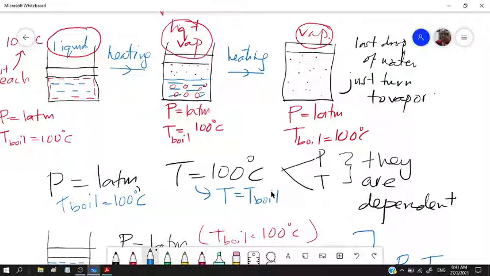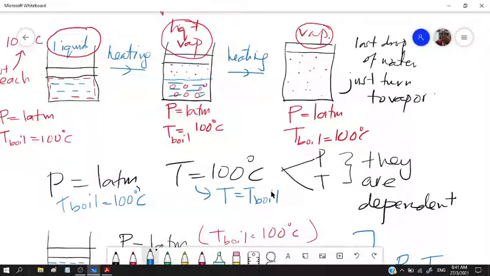Then at this state we cannot clearly define the state, because it could be liquid when it just reached 100 degrees C. It could be a mixture of liquid and vapor, still at the same pressure and temperature, and it could be 100% vapor when the last drop of water just turned to vapor.